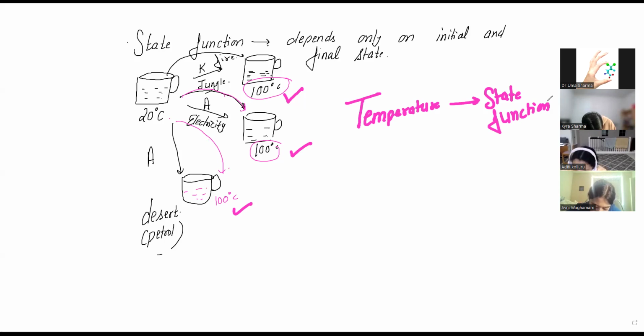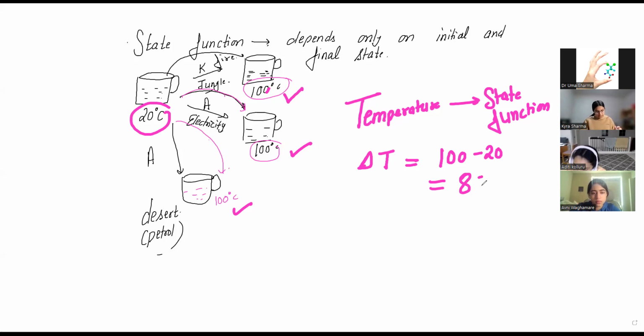In another case, she is using stone and then petrol, burning of the petrol. Is it okay? So here the delta T, the difference in temperature from 20 to 100, does not depend on path. Delta T is 100 minus 20 for all of you. What is delta T for all of you? 80 degrees Celsius. And it doesn't matter which path you have followed.